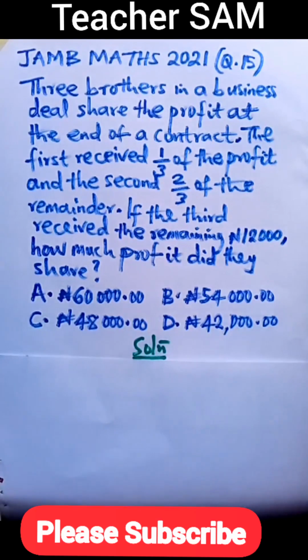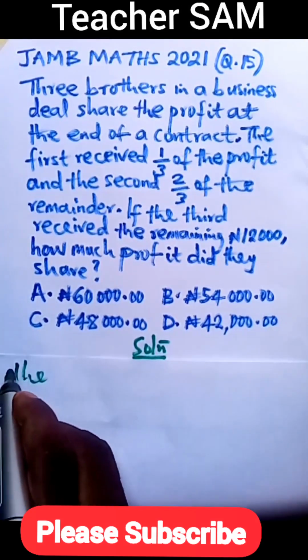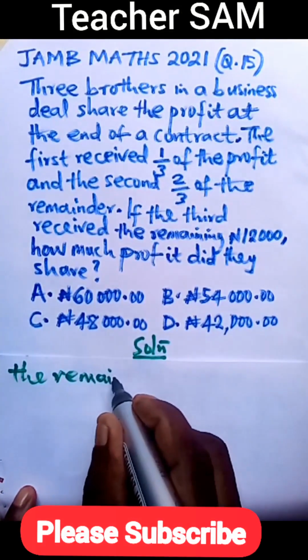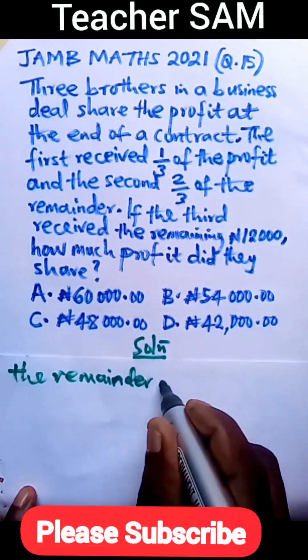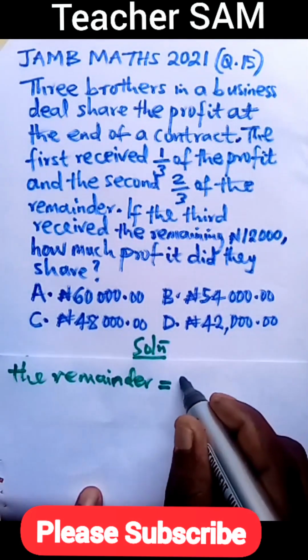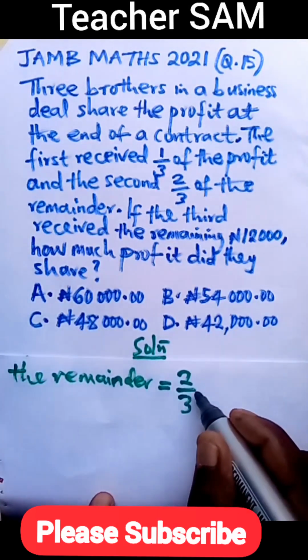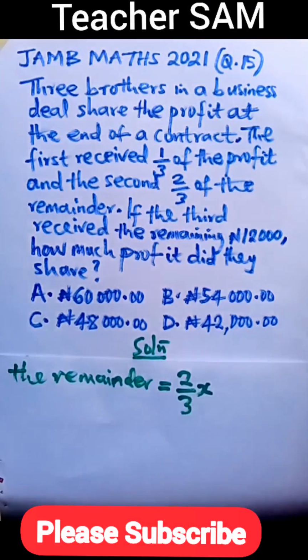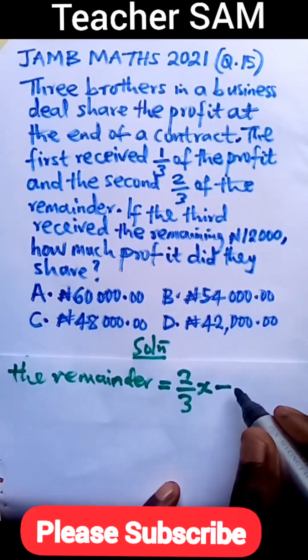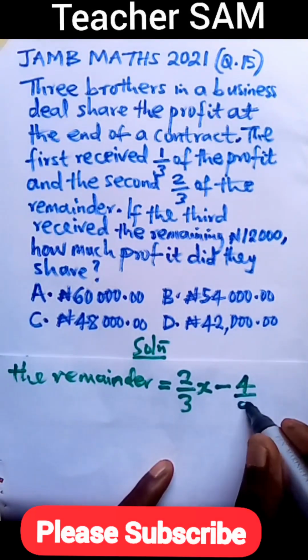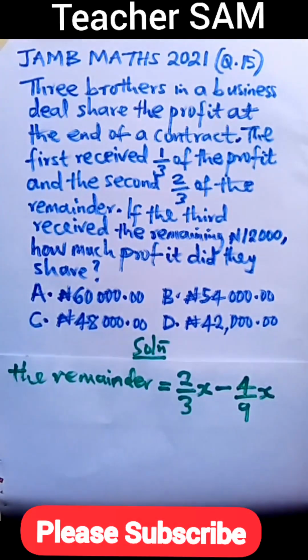The remainder after the second brother has received will be what was remaining when the first brother received his own, 2/3X, minus what the second brother received, 4/9X, like we calculated.